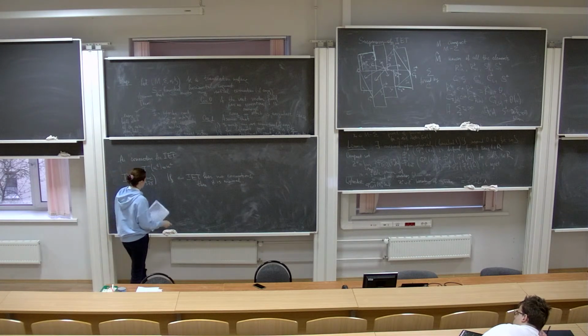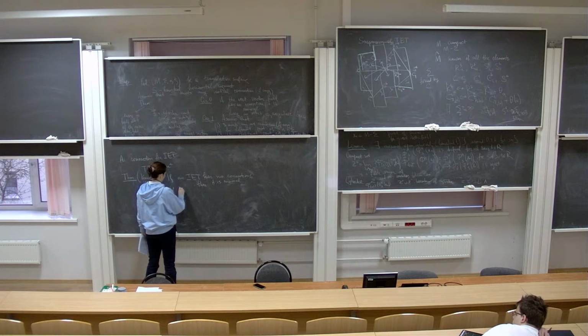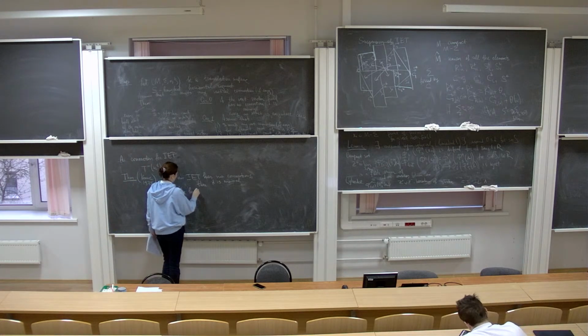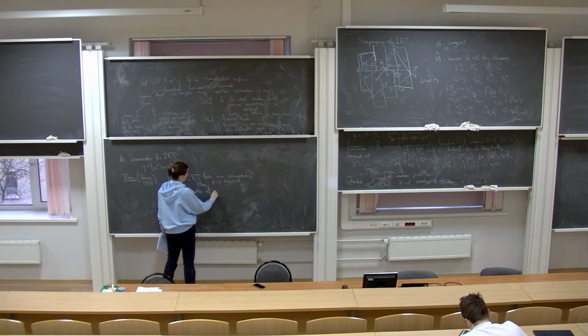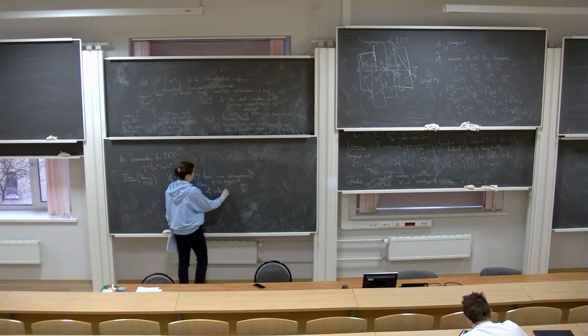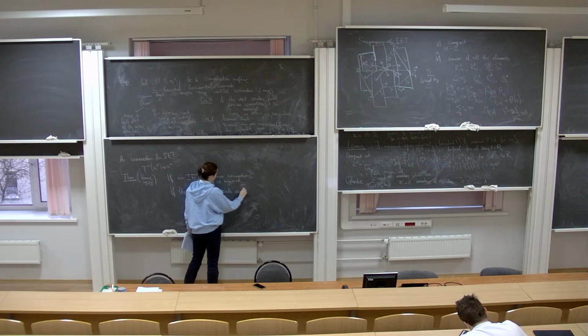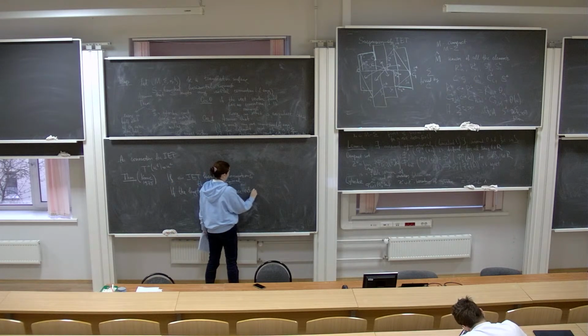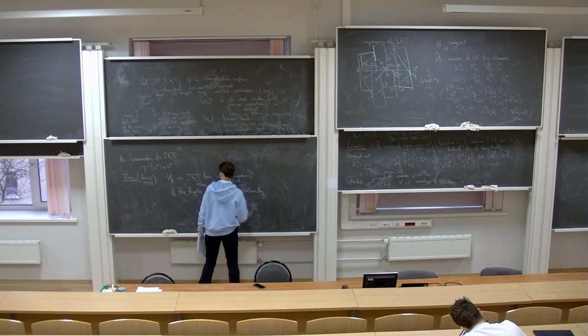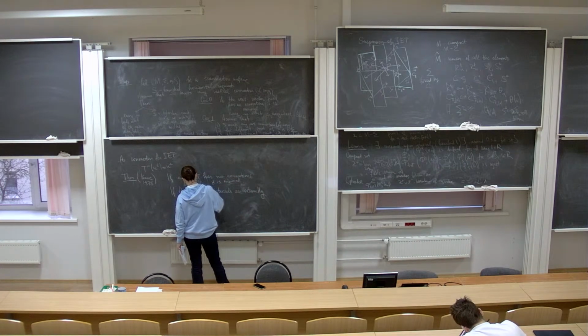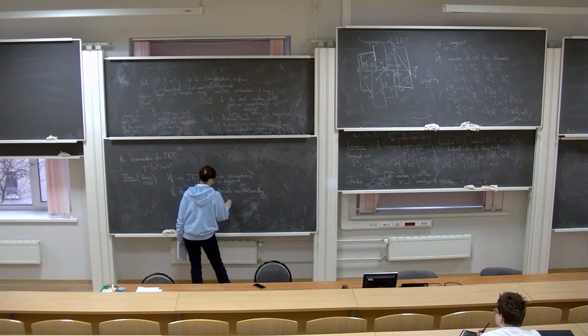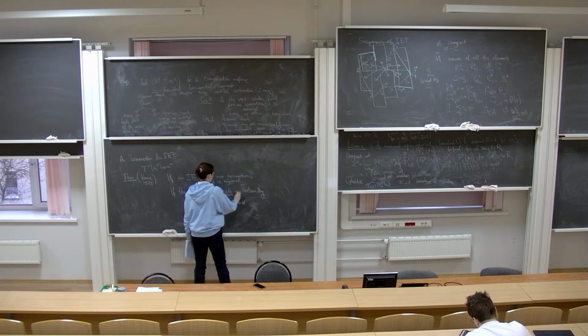And in particular, if the lengths of intervals are rationally incommensurable, so the rational dimension of lambda 1, ..., lambda d is equal to d, then ET is minimal.